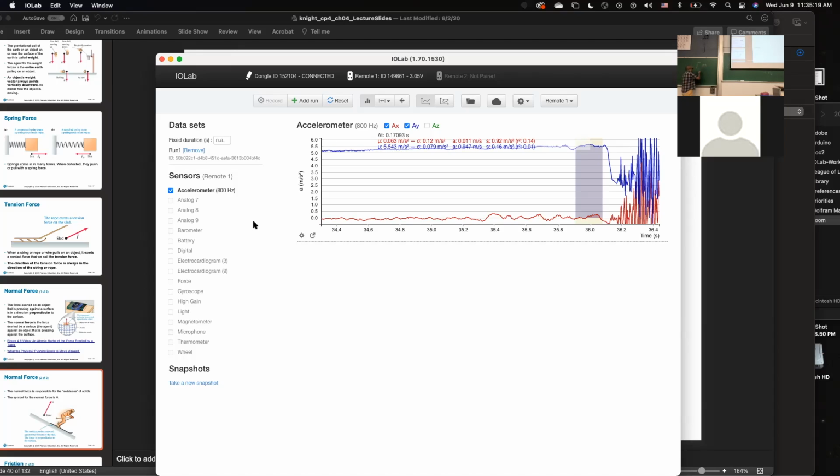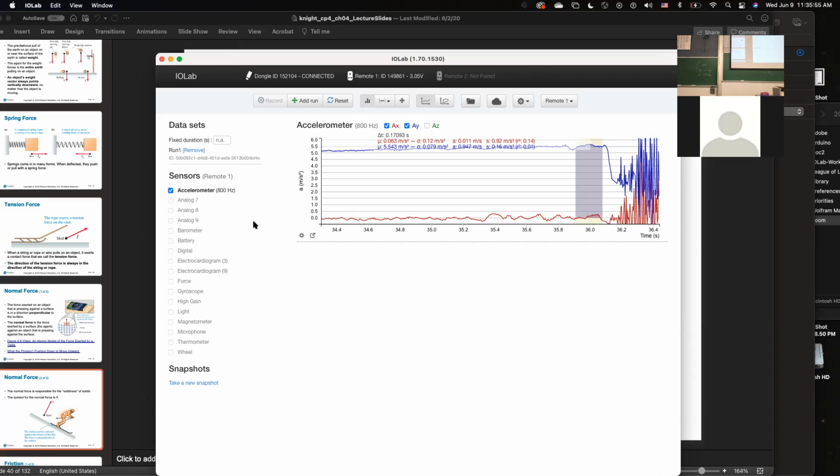So my mass was 0.202, it's grams, so that would be 0.202 kilograms. And my acceleration is 5.4, so this is meters per second squared.